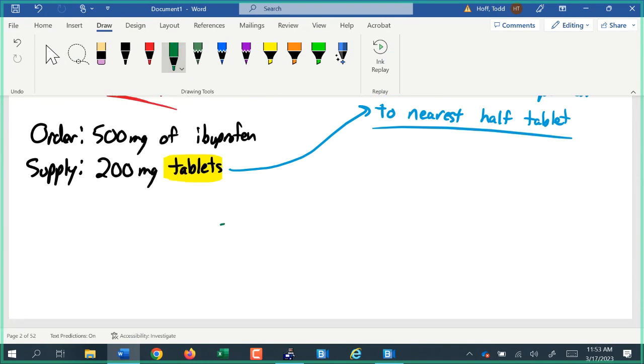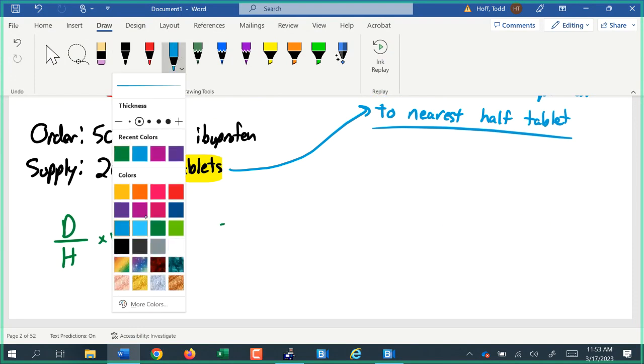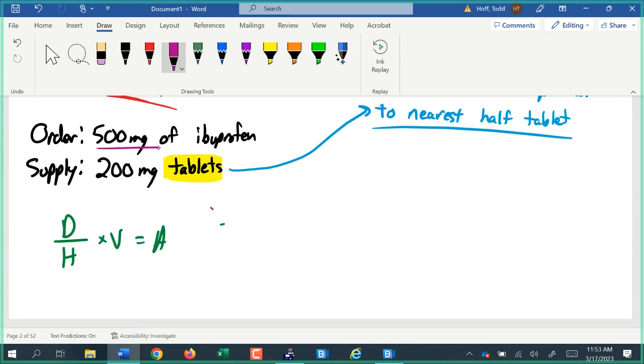So for our formula, again, D over H times V equals A. Well, D, the doctor's orders, that's pretty easy to pick out of here. That's the 500 milligrams. And of course, we need the ibuprofen because that's specifying what medication we're going to administer.